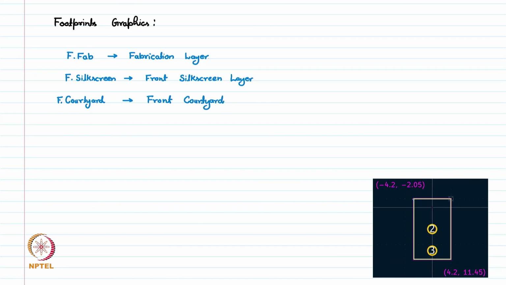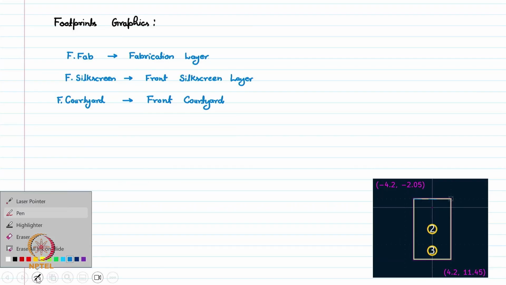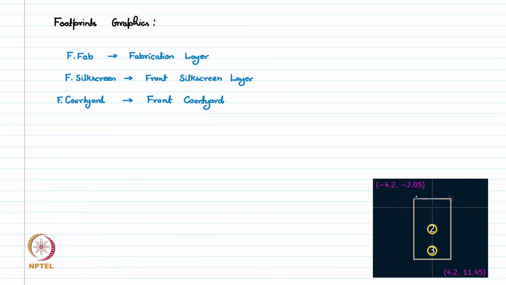So all those layers we are putting across this symbol. These are the pads we have created, and this is the layer. For example, this is the courtyard layer.